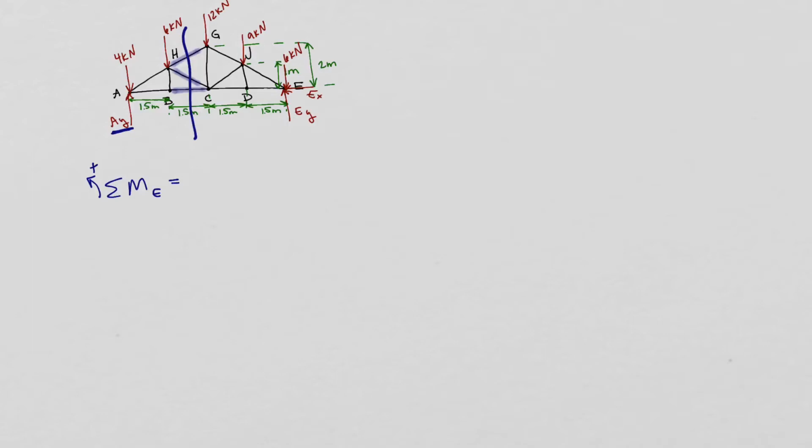So for AY, we have AY times that perpendicular distance, 1.5 meters plus 1.5 plus 1.5 plus 1.5, so that's 6 meters. If we do our right-hand rule, that'll be into the board, so negative AY times 6 meters. And then plus 4 kilonewtons times the same perpendicular distance, so times 6 meters.